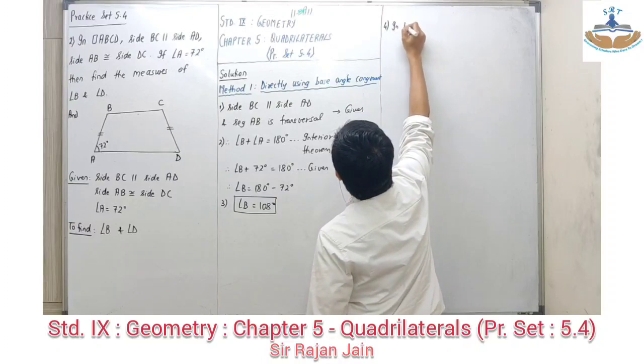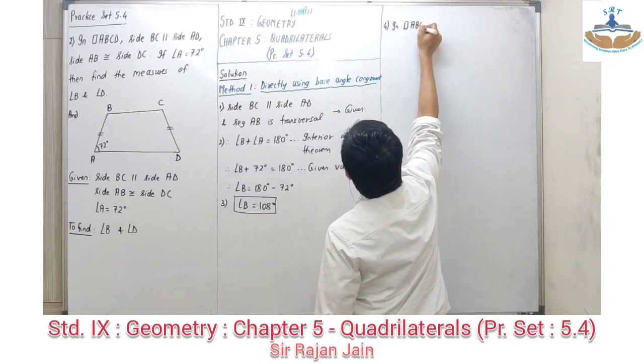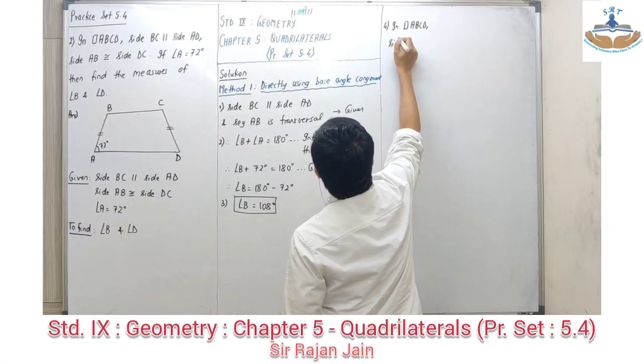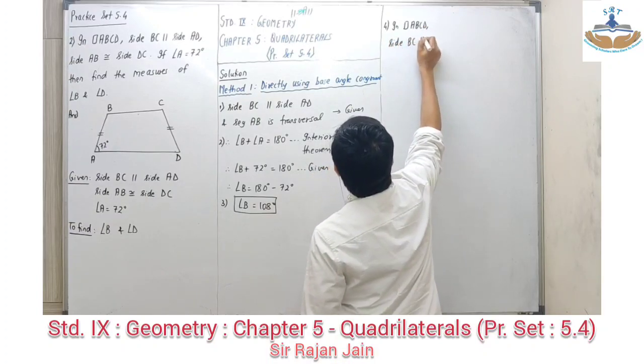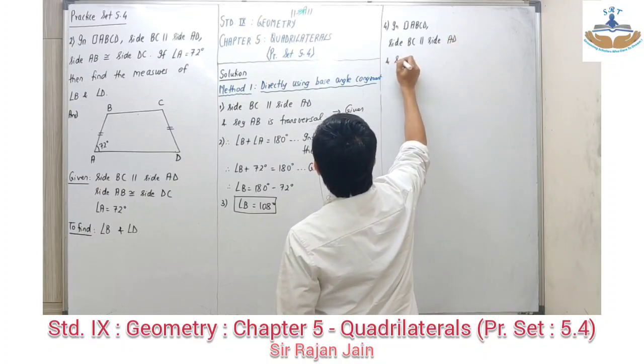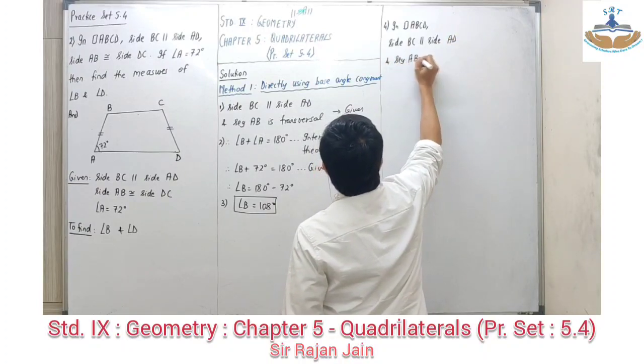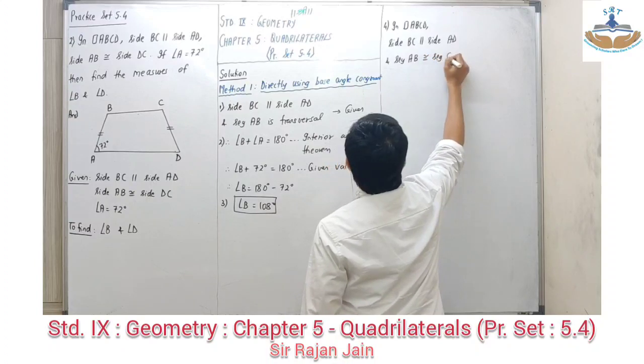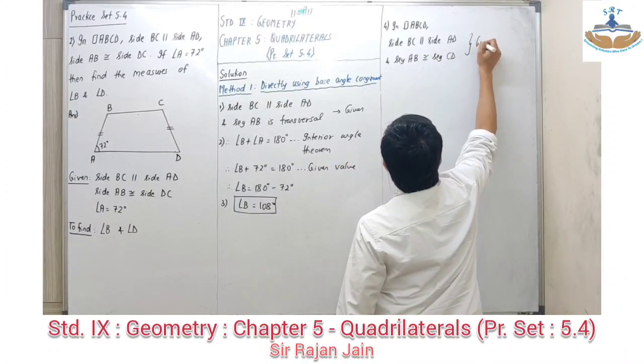I'll say in quadrilateral ABCD, one pair of opposite sides, that is your side BC, is parallel to side AD, and the non-parallel sides, that is segment AB, is congruent to segment CD. This is what is given in the question.